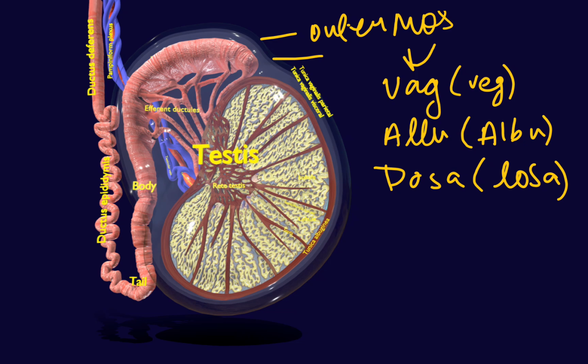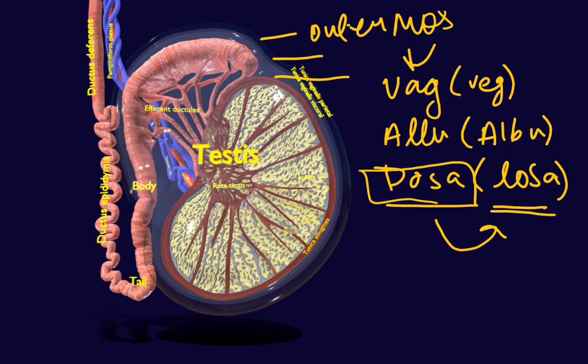The second one is fibrous connective tissue and is very dense. No, the dense one is the third one. No, it is dense. Albuginea, tunica albuginea, and the third one is tunica vasculosa. Vasculosa. Dosa से losa. Vasculosa. Now, that was all about the testes. Now comes the sperm duct.